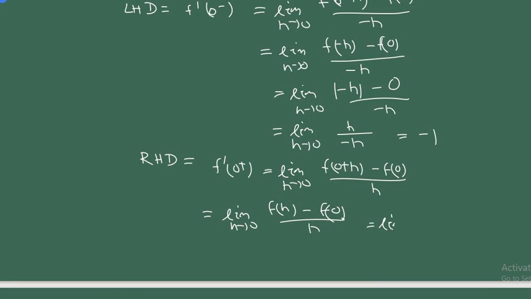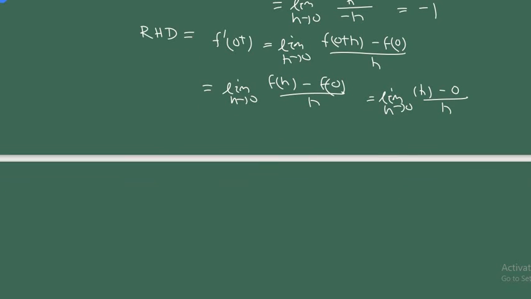That is limit h tends to 0 of mod h minus 0 by h. This is equal to limit h tends to 0 of mod h, value h, divided by h. So this value is 1. We found the left hand derivative, whose value is minus 1, and the RSD is plus 1. That means LSD is not equal to RSD.